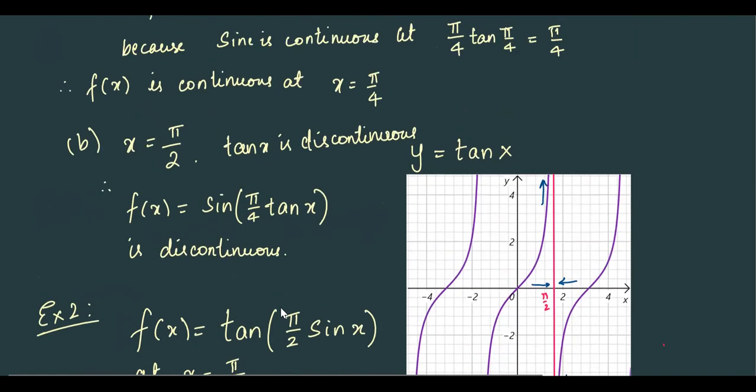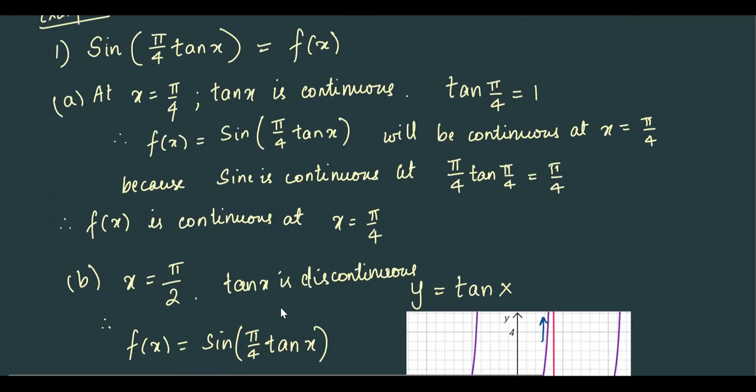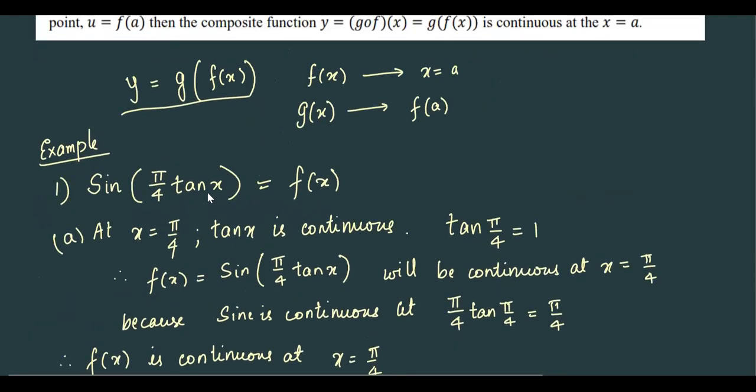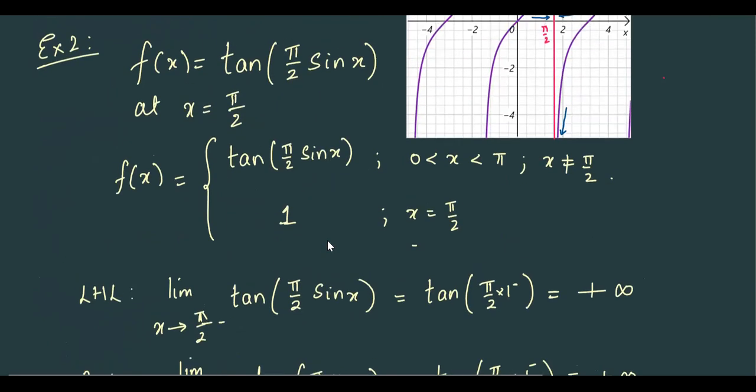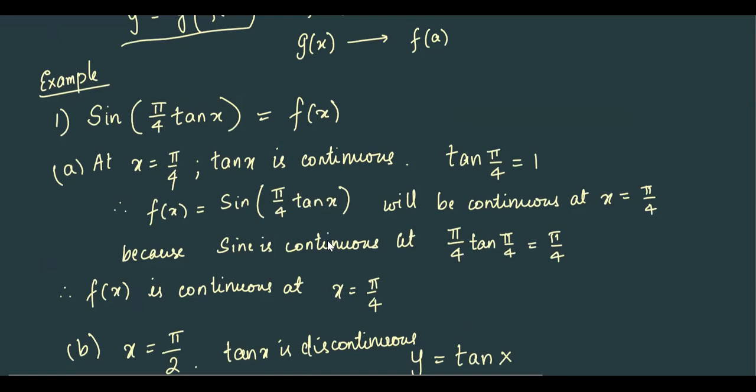So this is about composite continuity. You have to see that the inside function should be continuous and the outer function should be continuous at the function value within. So in the previous case, what we saw was the inside function itself is discontinuous at x equal to pi by 2.